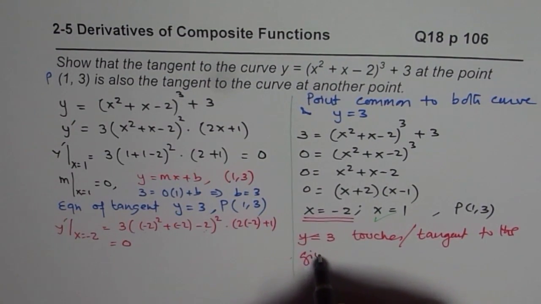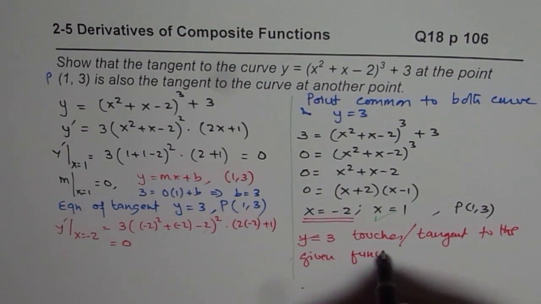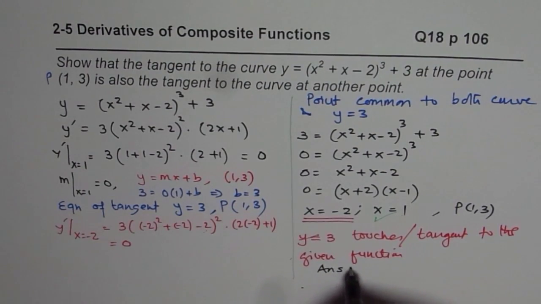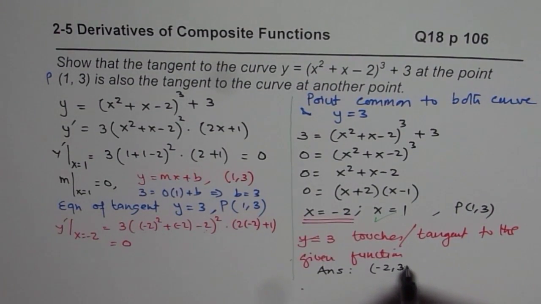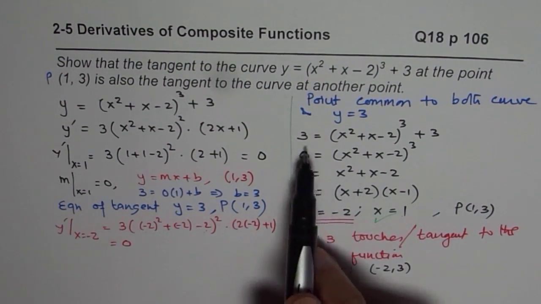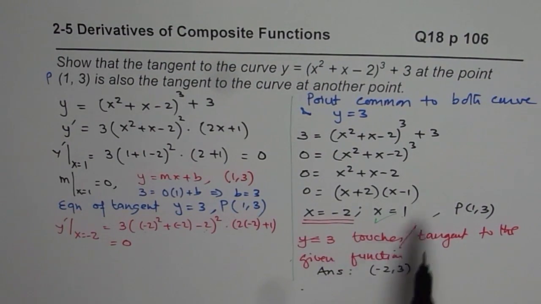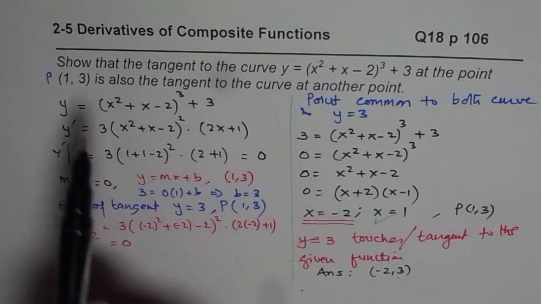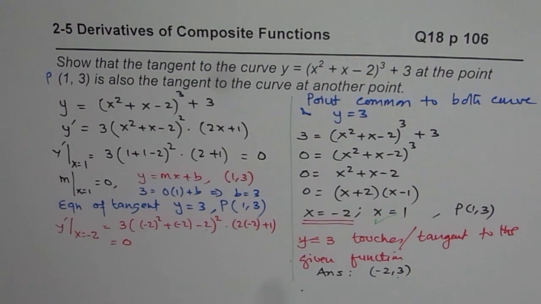And of course, since the line is y equals 3, at every point the y value is 3, so our answer is that the other point is (minus 2, 3), where the tangent to the curve at (1, 3) is also tangent to the curve. So that is how you should be answering this. I hope it helps. Thank you.